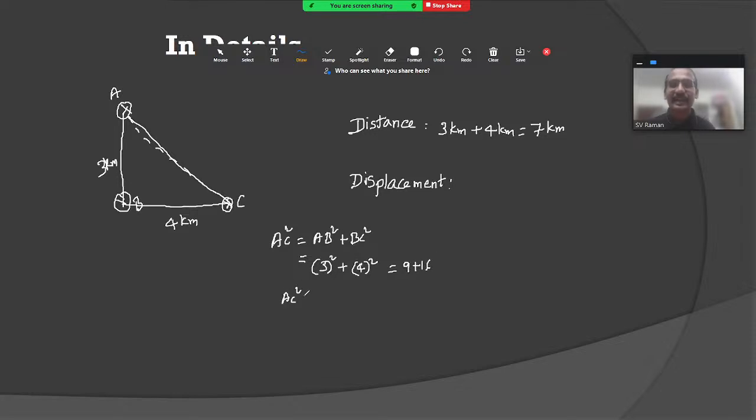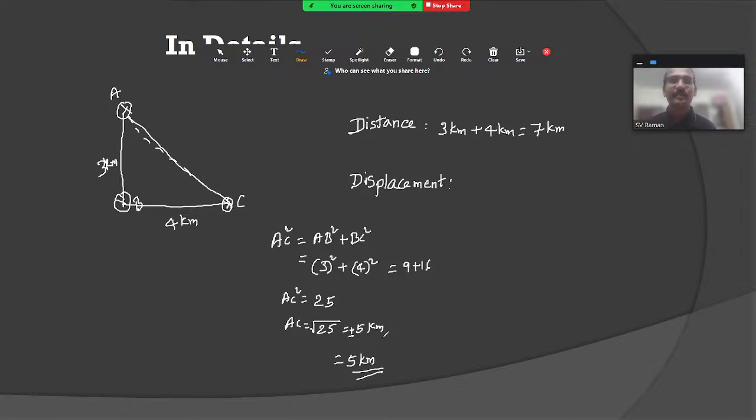AC square is equal to 25. AC is equal to square root of 25, which is 5 kilometers. Generally square root of 25 is plus or minus 5 kilometers, but generally this is the positive displacement. We can say 5 kilometers is the displacement.